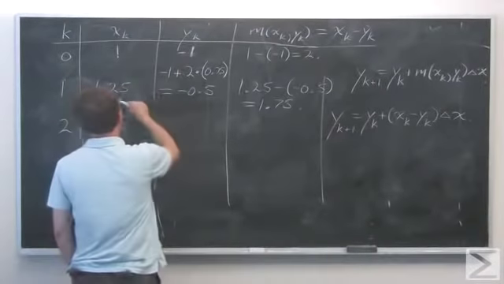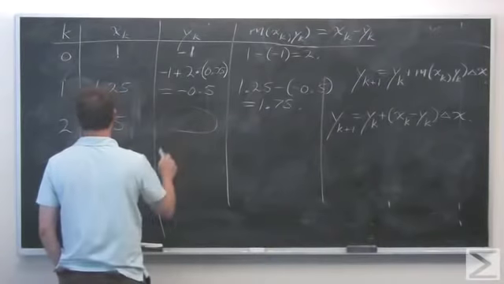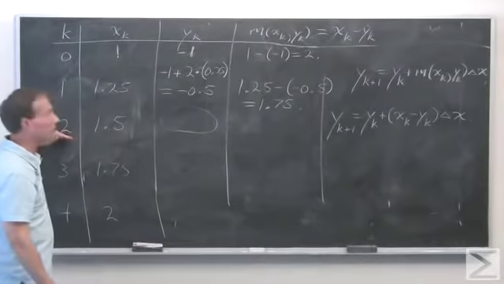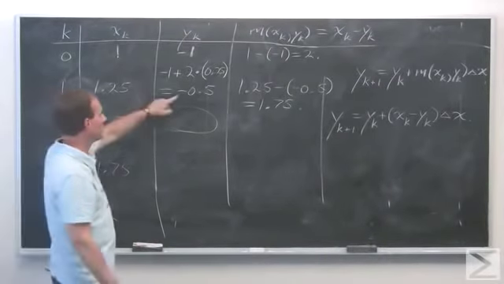And now that you've got that, you can fill in the y sub k when k is 2. So y sub 2, what is it? It's your previous y value, so the y value from your last cell, minus 0.5, plus the m of xk, yk, 1.75, times your delta x, which is still 0.25.